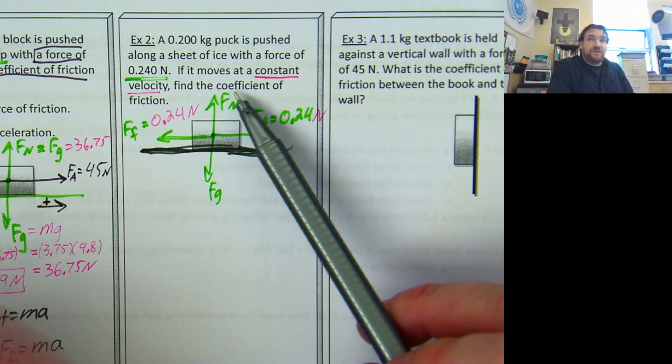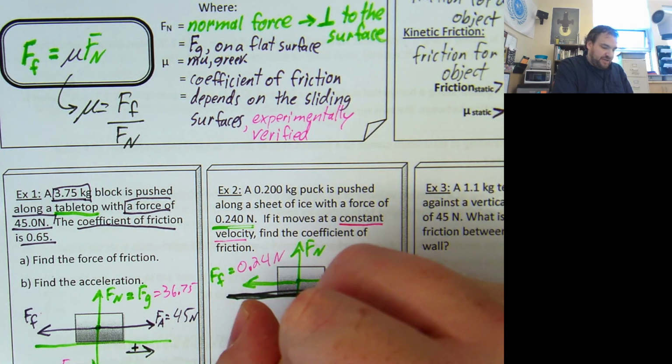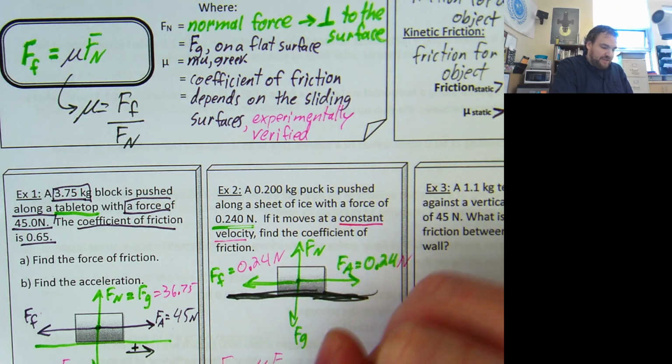If we want to find the coefficient of friction, we're going to start up over here. The force of friction is equal to mu times Fn. So mu is going to equal the force of friction divided by Fn.